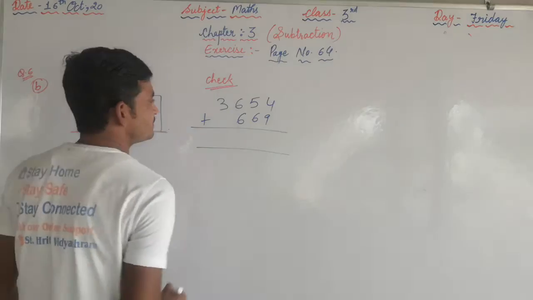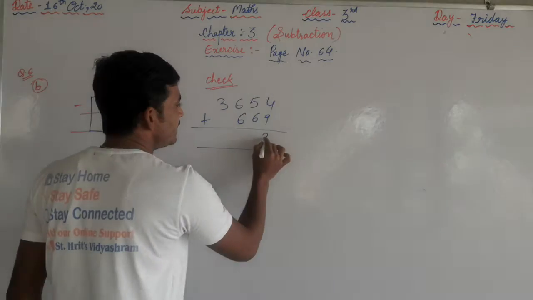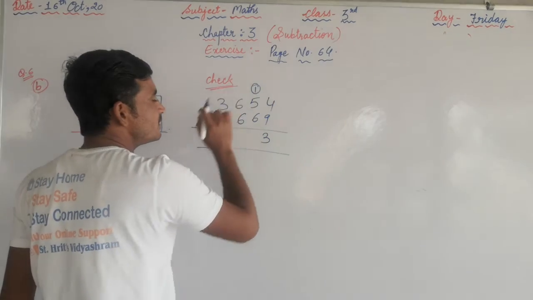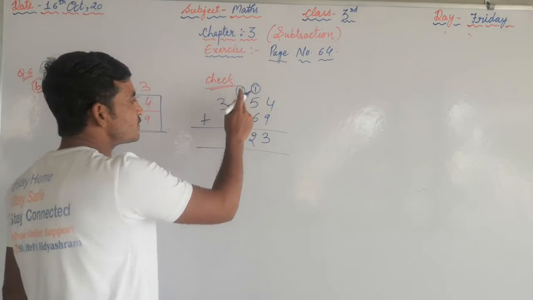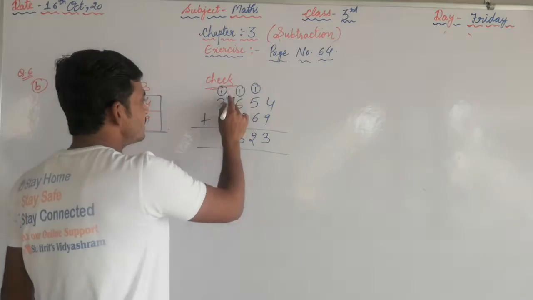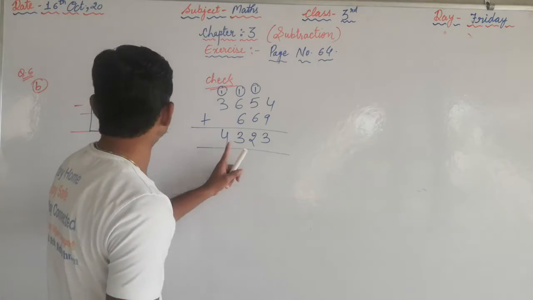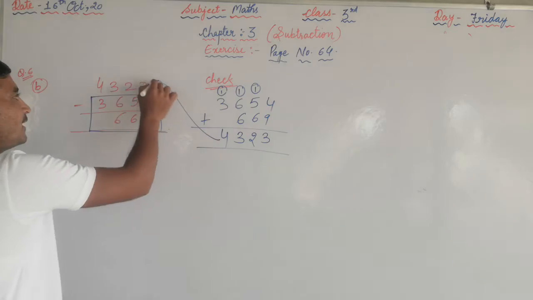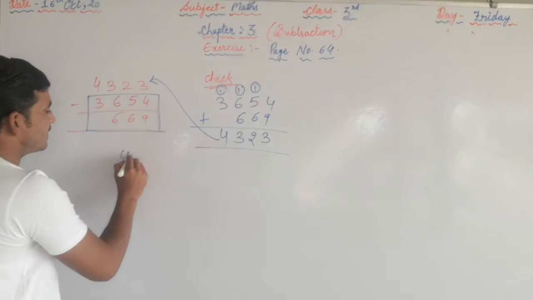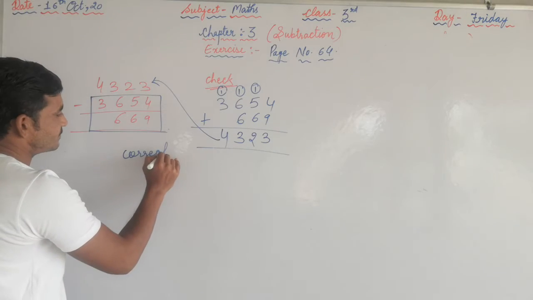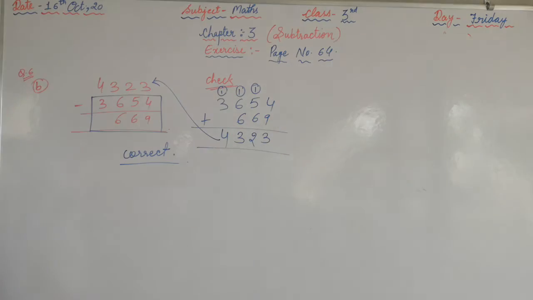Check. 9 plus 4 is 13, 3 carry 1; 5 plus 6 is 11 plus 1 is 12... 6 plus 6 is 12, 2 carry 1; 6 plus 6 is 12 plus 1 is 13, 3 carry 1; 3 plus 1 is 4. 4323, which is the minuend of our subtraction. This means our subtraction is correct. The second question, the subtraction is correct.